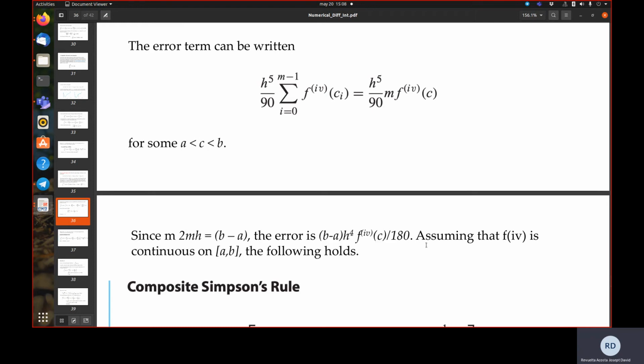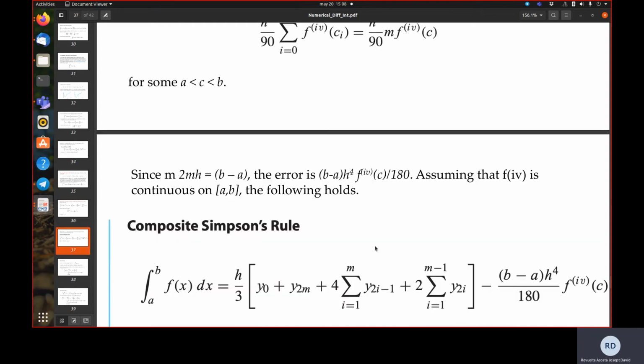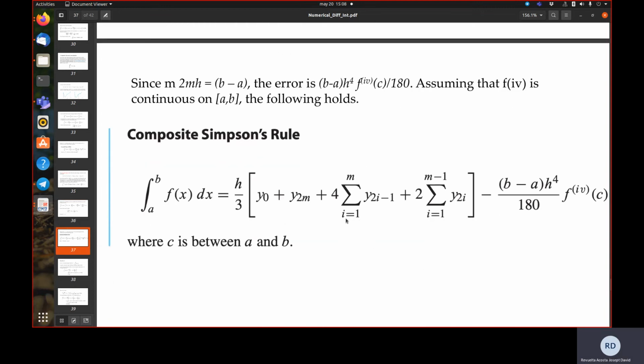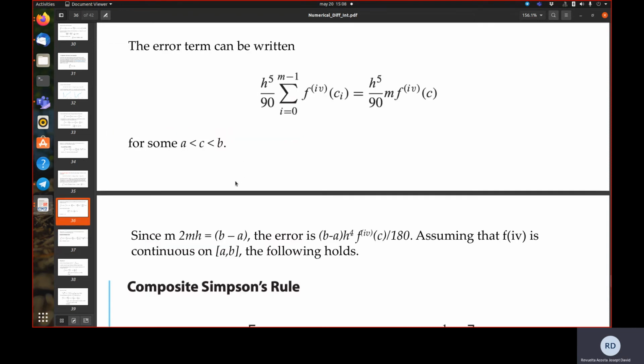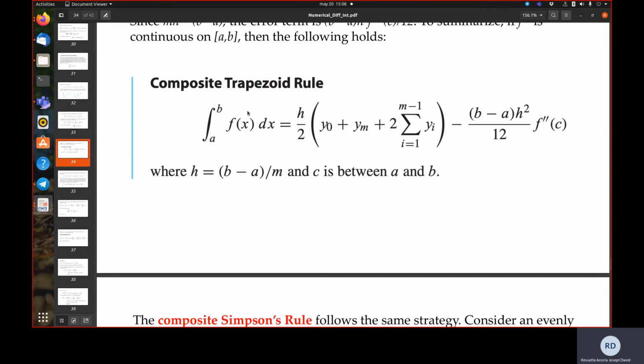And then assuming that the fourth derivative is still continuous on the interval a and b, we have the general rule, which is this formula here, minus what we just defined as the error term right here. So in general, this is what you're going to be using, this composite rule and this composite rule.